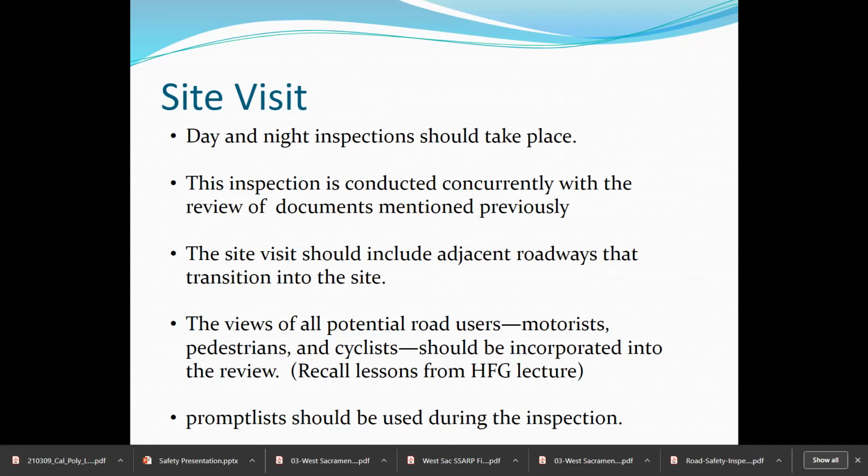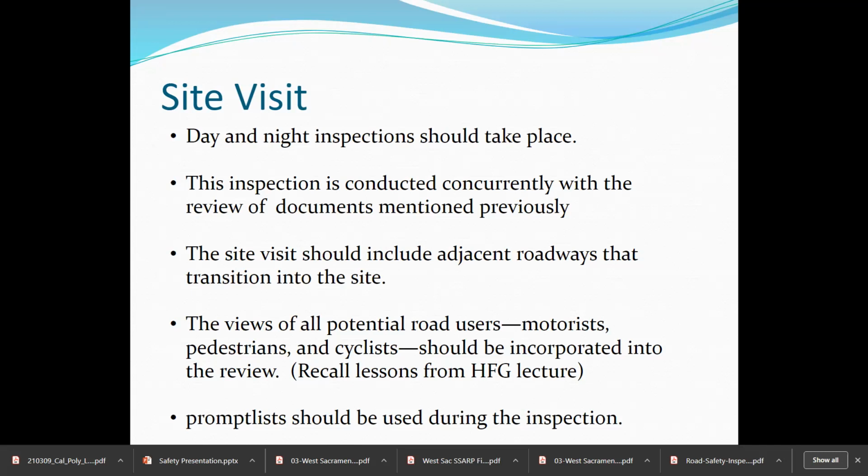The inspection is conducted concurrently with the review of documents mentioned previously. The site visit should include adjacent roadways that transition into the site. So that's another piece that you should be looking at. Not just the school site, but try to see if you can go a little bit beyond that. The views of all potential road users, motorists, pedestrians, and cyclists should be incorporated into the review.